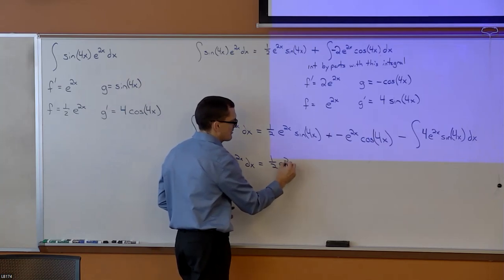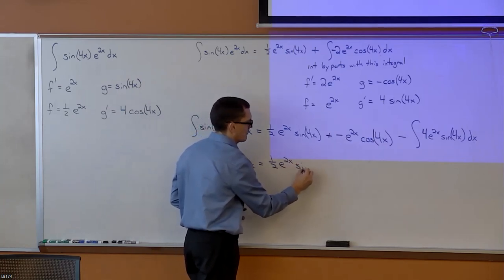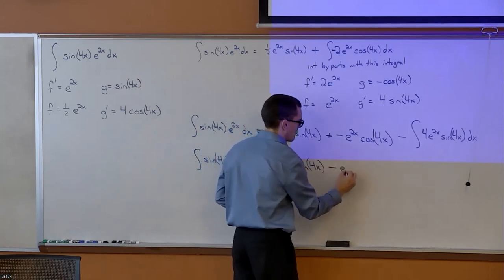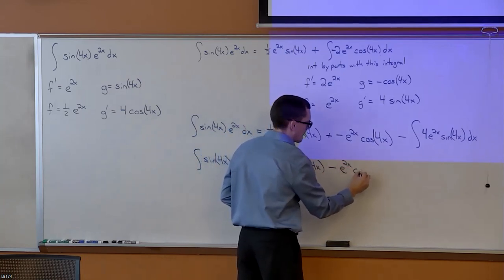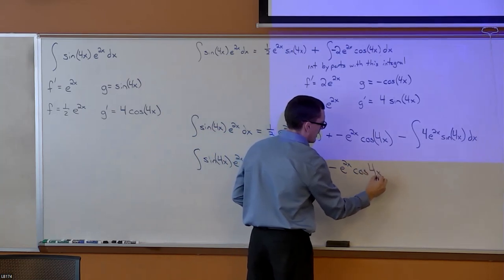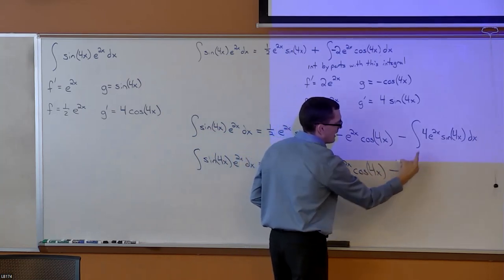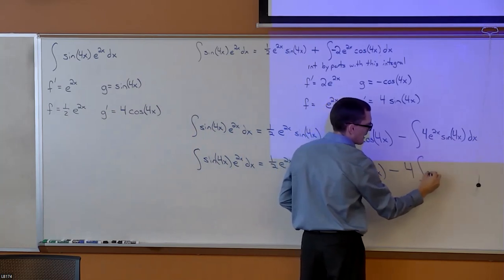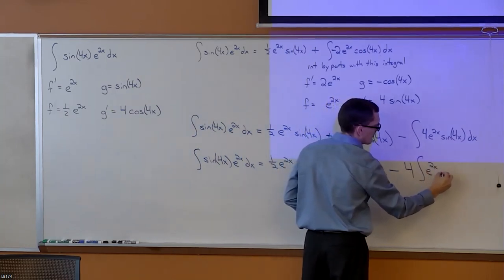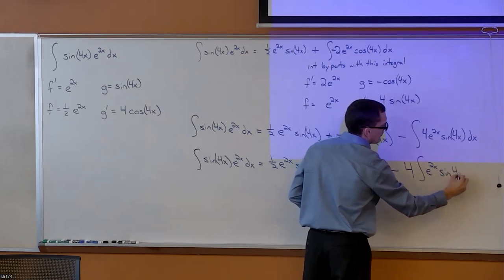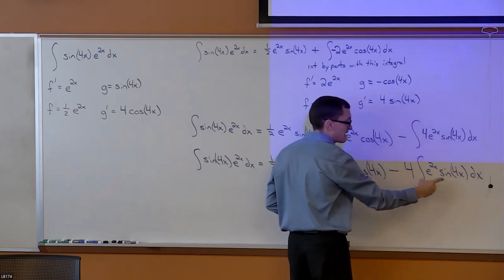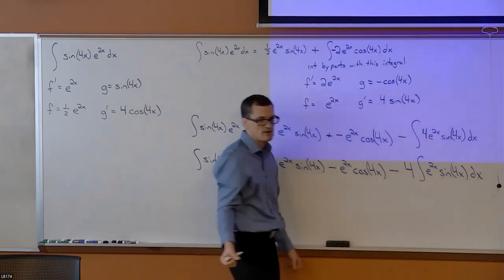I'm just going to rewrite this thing on the end as I'll pull out the 4 in front. And I get e to the 2x sine of 4x. So I get this same integration that I started with back, but now I have a minus 4 out front.